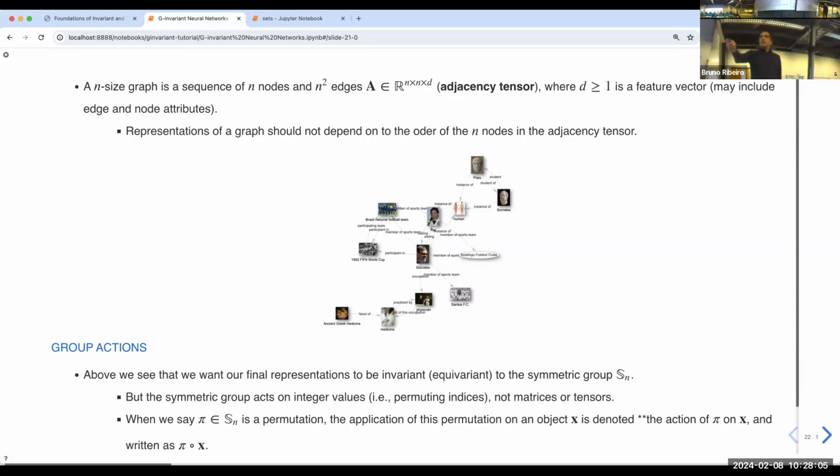So the order in which I'm saying this node is 1, this node is 2, this node is 3, doesn't matter. It's the same graph, right? Therefore this input here can be permuted in all these forms, and whatever my neural network does to this adjacency tensor, it should not matter.